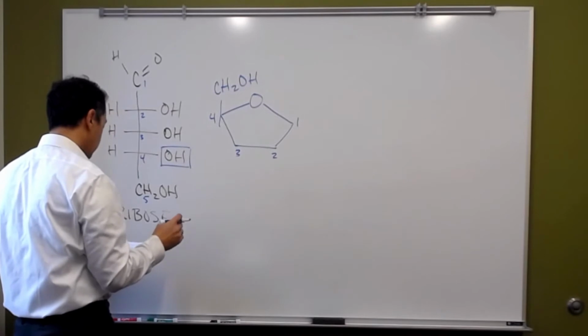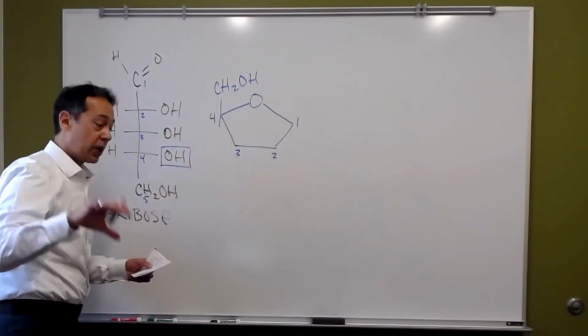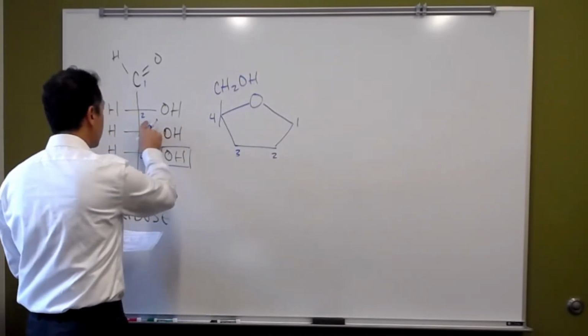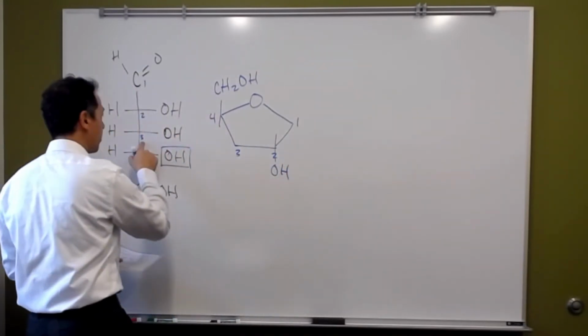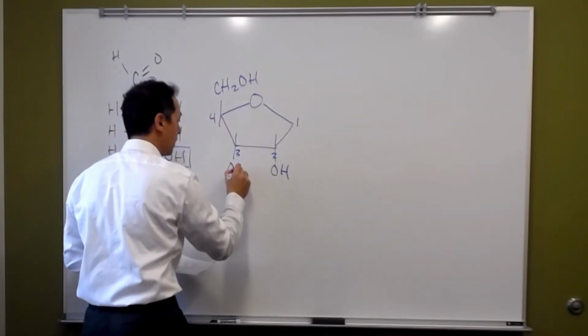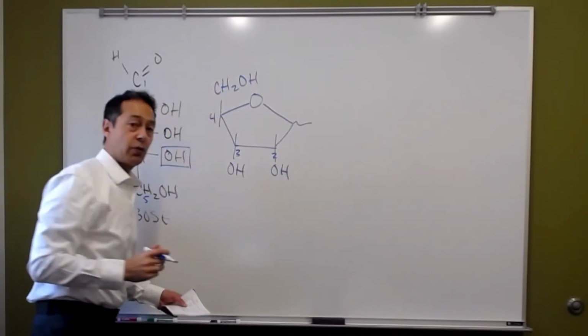Going around the ring, we're going to add our hydroxyl groups. If they're on the right-hand side, they'll be going down. So coming off of the second carbon atom I'll have it going down, third carbon atom going down, and then over here, which direction is it going to go?